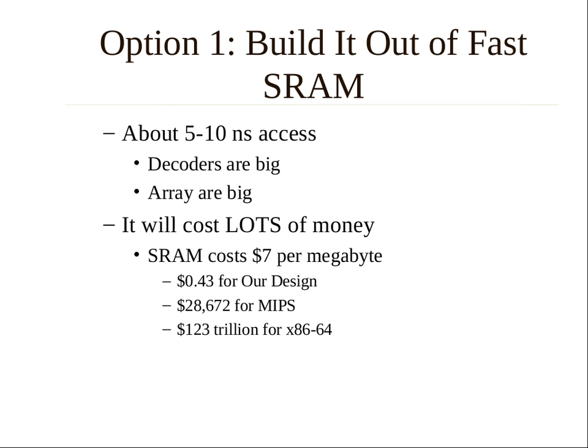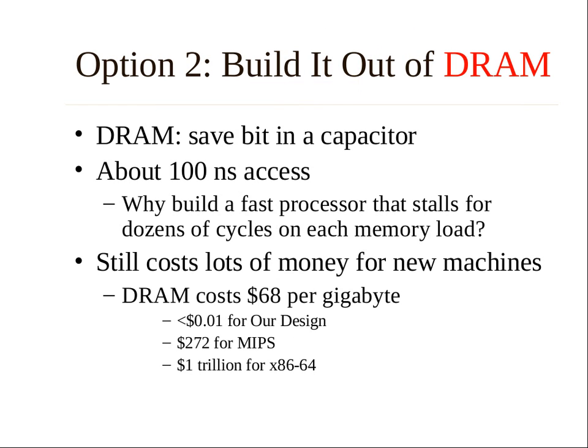So 43 cents for our design, that's not bad. 28,672 for MIPS, that's not good. And then x86 would be 123 trillion, and that's to give all of the 64-bit memory space. So yeah, probably not a good solution for large memories.